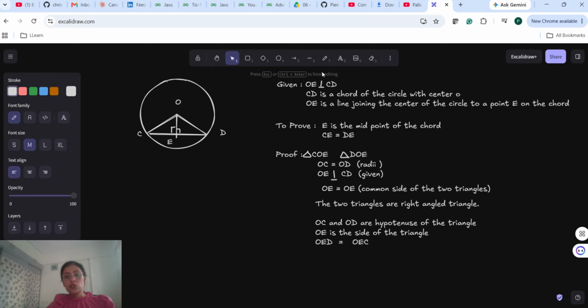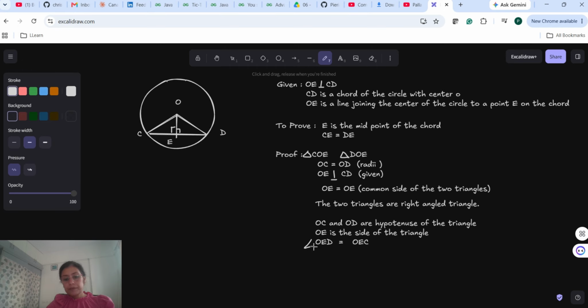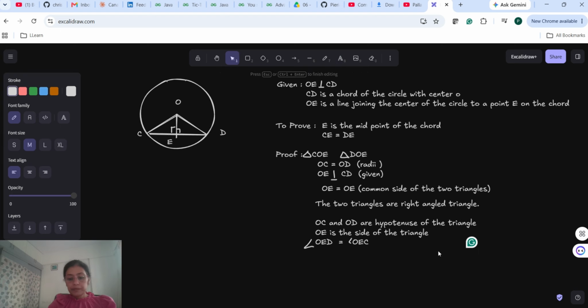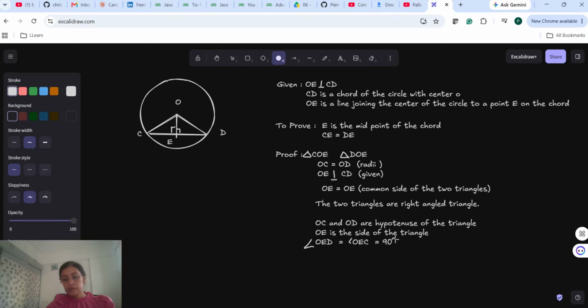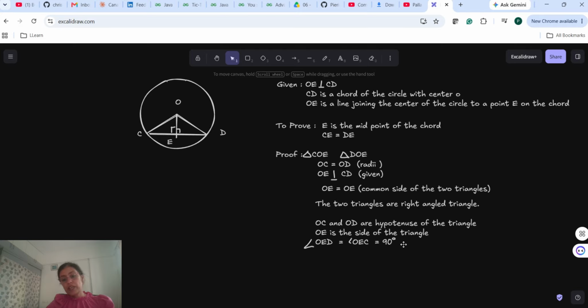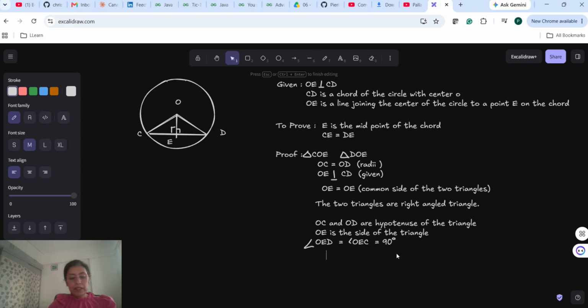These two angles are equal, and they are equal to 90 degrees. Right? So what we have here is right angle, hypotenuse, side. We see this congruency here. This is the congruency between the two triangles. What two triangles? These two triangles.